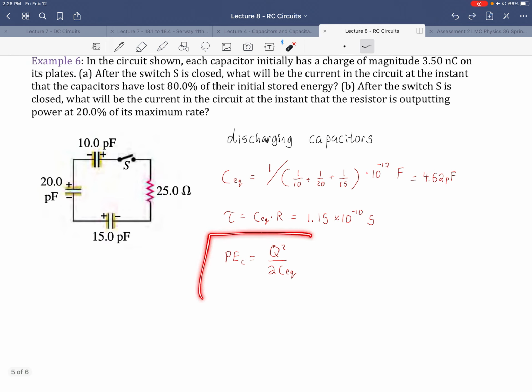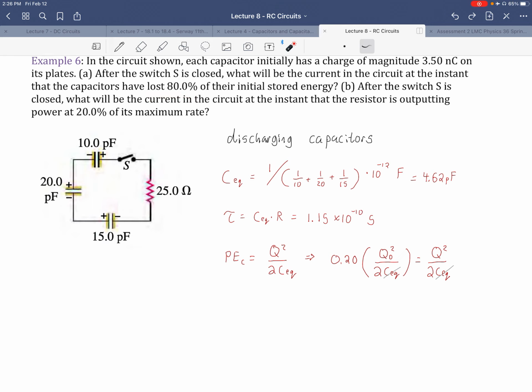Well, this is one of the 3 ways to express the potential energy stored in the capacitor, but this is a good choice because it is in terms of the charge, which will be time dependent, divided by 2 times the capacitance, which is the equivalent capacitance we've already found. Now we want to have 20% remaining because we've lost 80%.